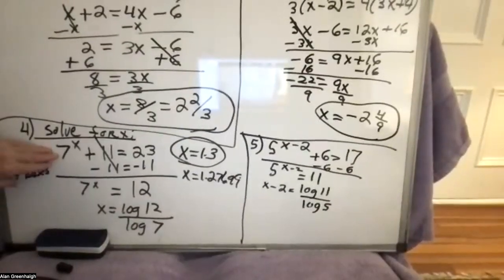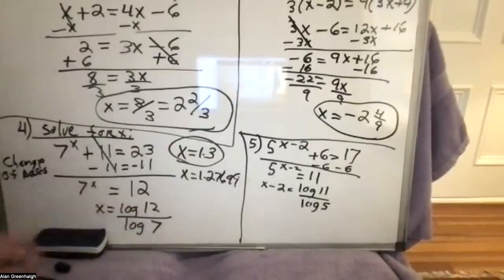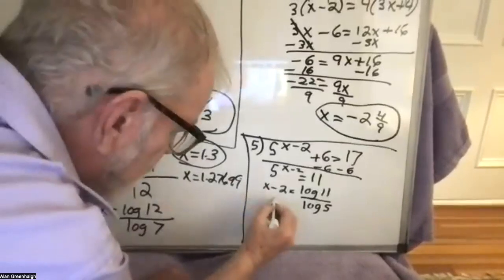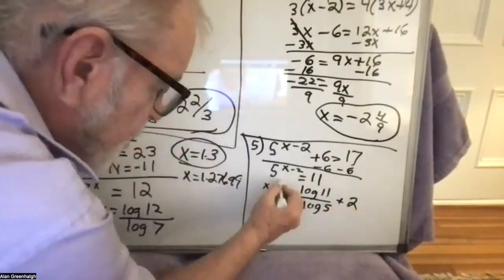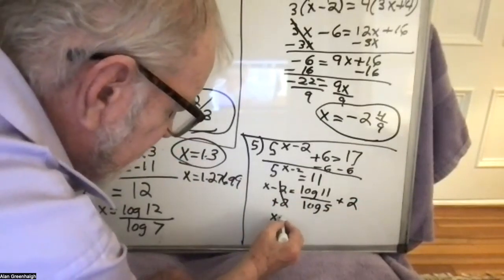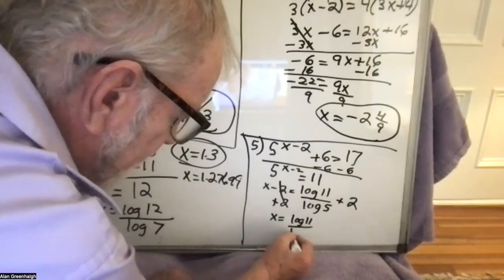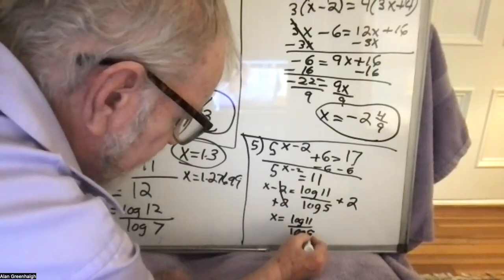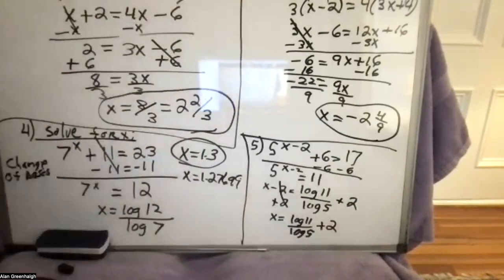It's not as simple as the previous problem where it was just x is equal to that. This is x minus 2. So all you would do is add 2 to both sides of the equation, and you get that x is equal to whatever this turns out to be. And whatever it does turn out to be, you could simply add 2.